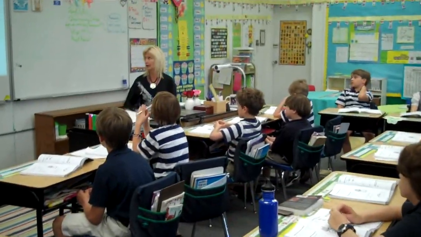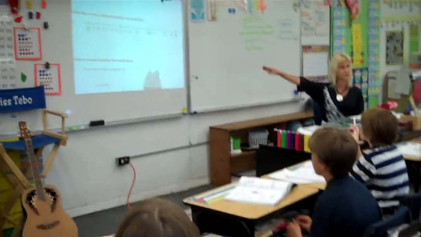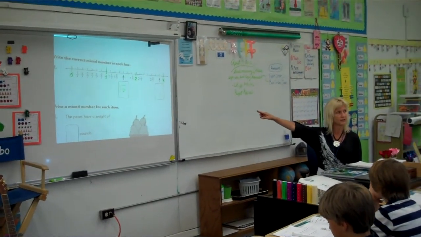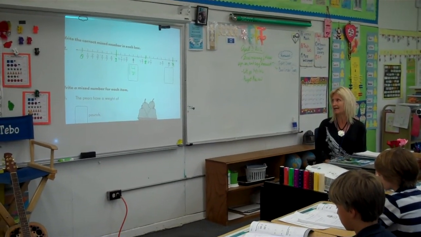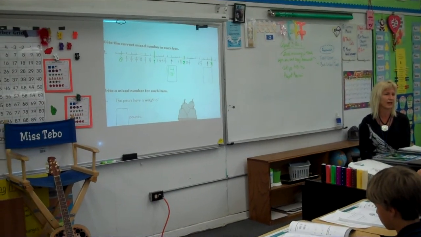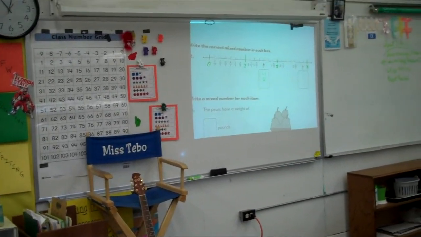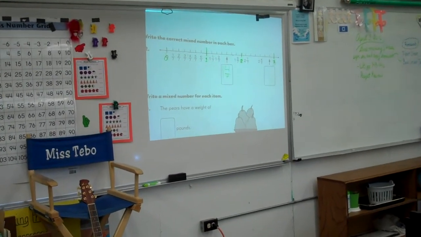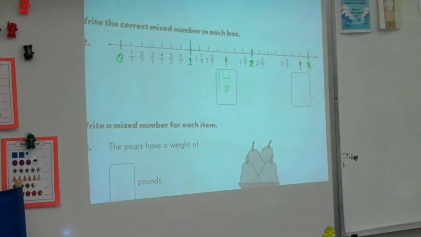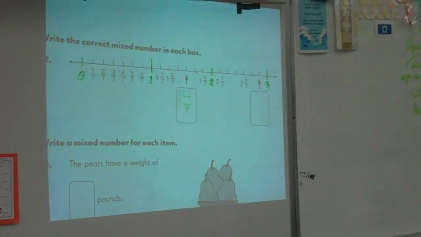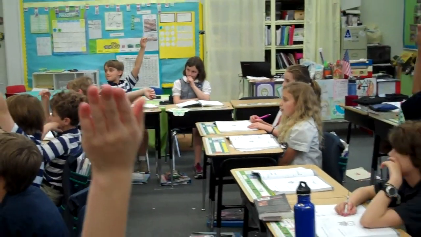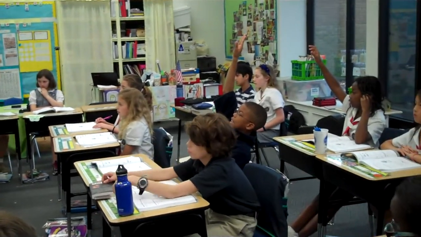Very good, Evie. Okay, now I'm going to ask you a question. I want you, think in your mind, I want you to name that mixed number as an improper fraction. Look at it. 1, 2, 3, 4, 5, 6, 7. What do you think, Preston? 10 sevens.